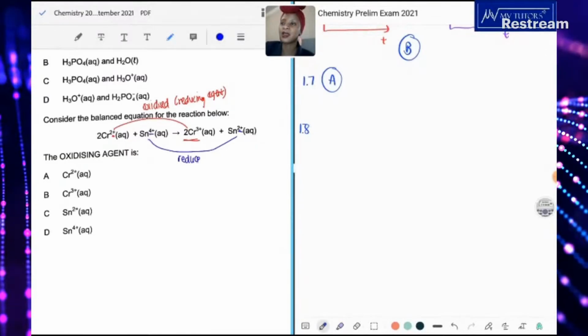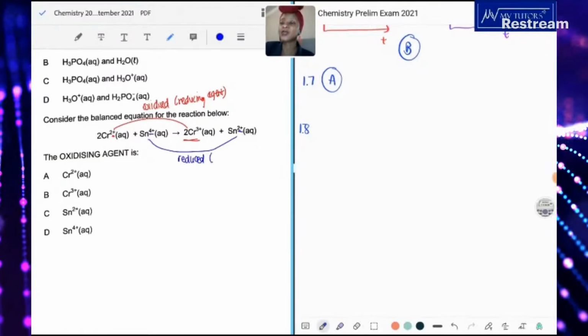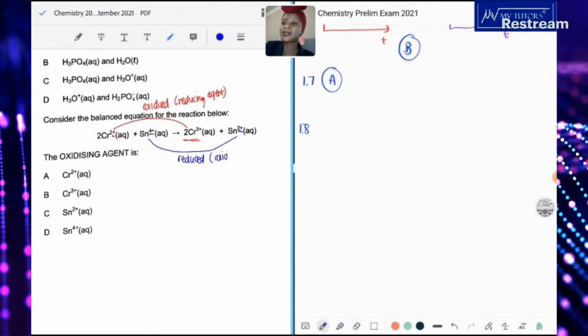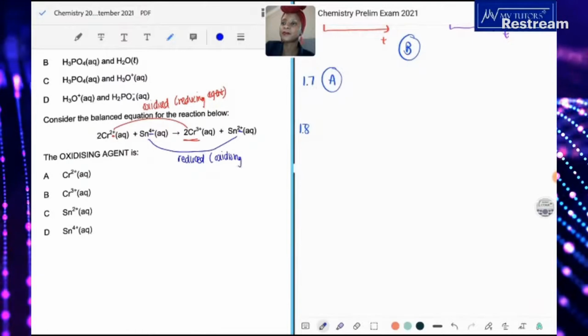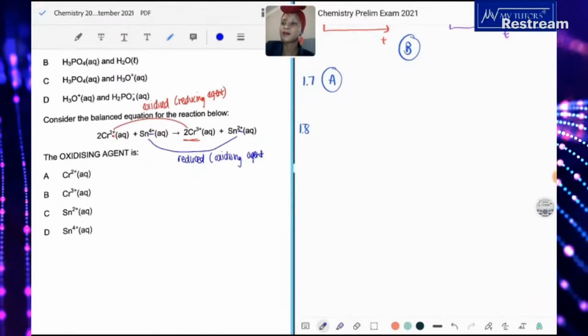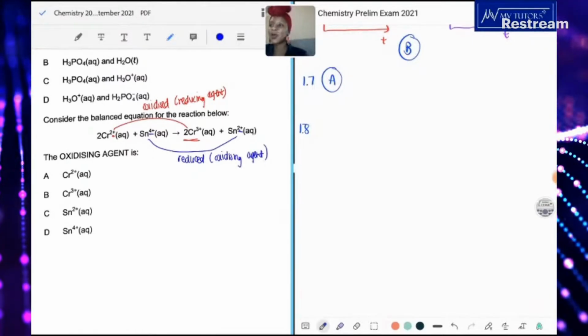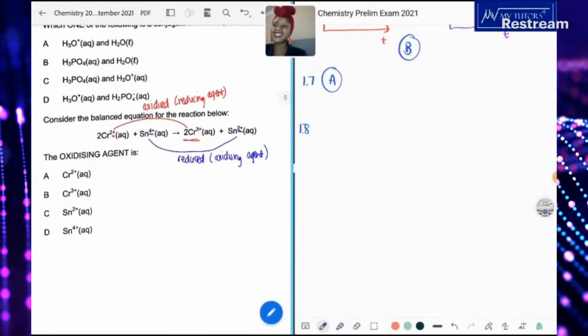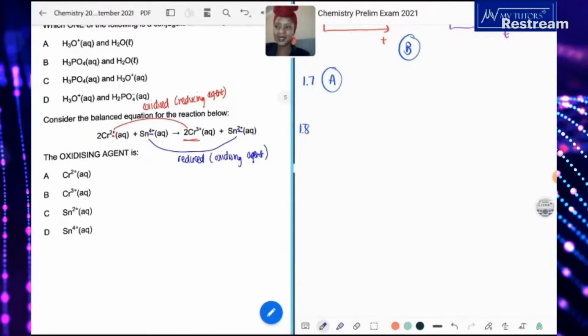So tin was reduced, and as it reduced, it became an oxidizing agent. Now, which one then is the oxidizing agent? Guys, it's going to be D.